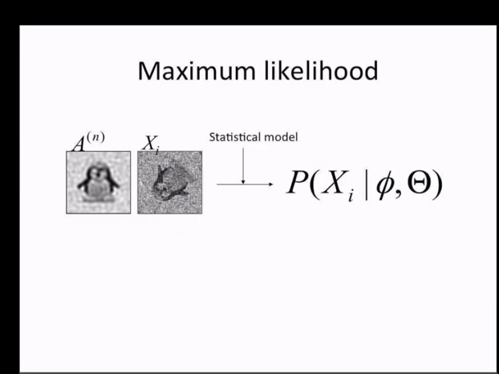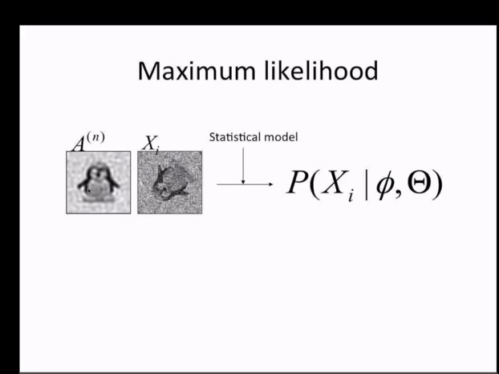So you use this Gaussian data model to calculate a probability of observing that image in a given orientation relative to the estimate of the underlying signal, which would be theta, the fuzzy penguin image here.